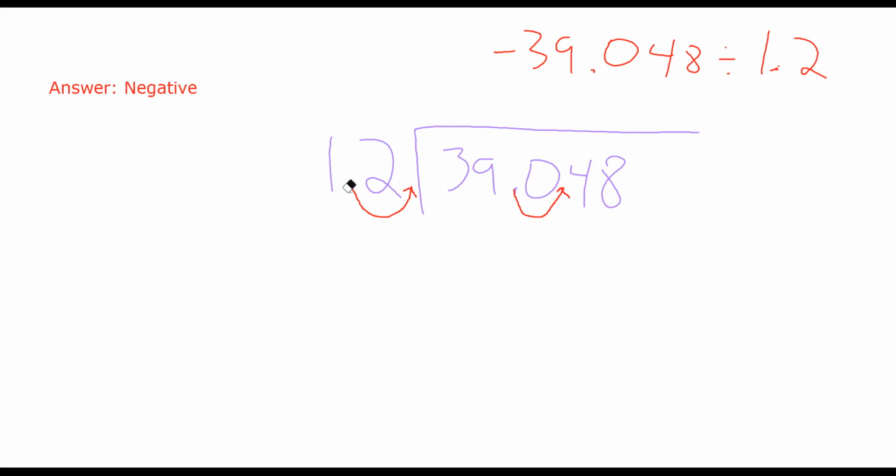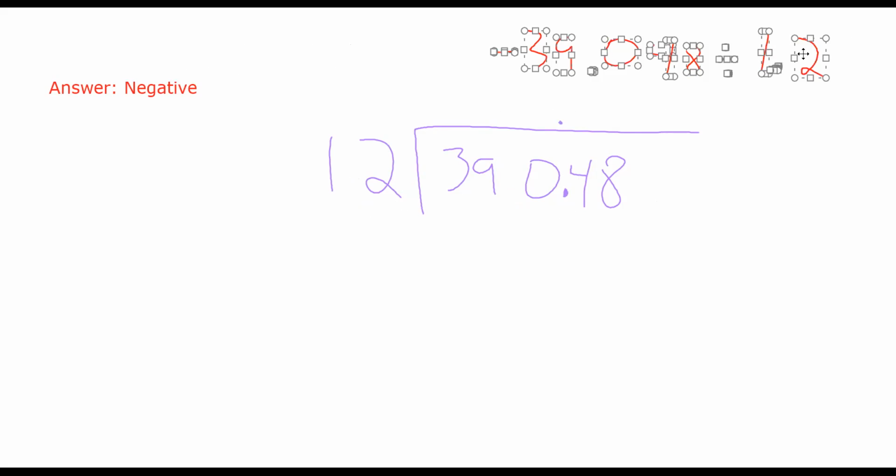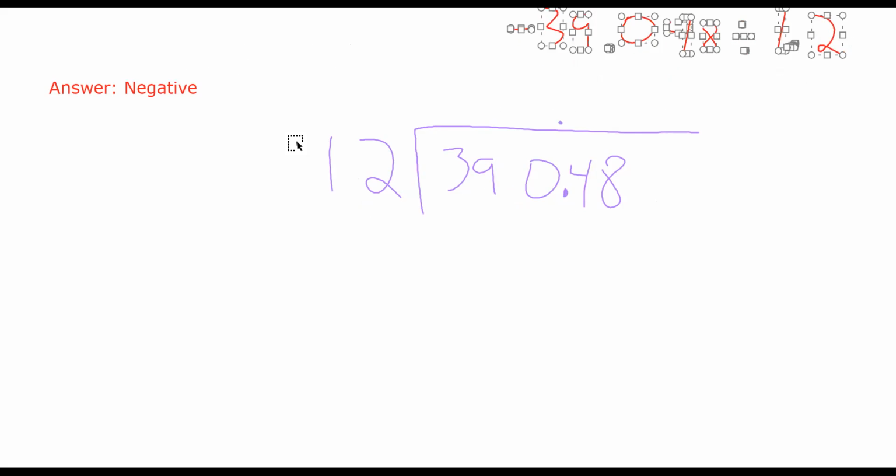And so now what it becomes is 12 into 390.48. And now we'll line up the decimal points. Give myself a little more space. I might have to write a little smaller than in the last case.